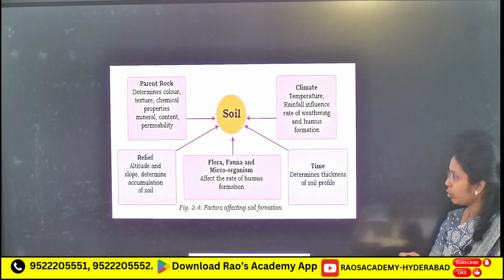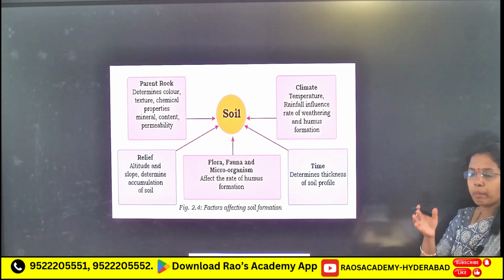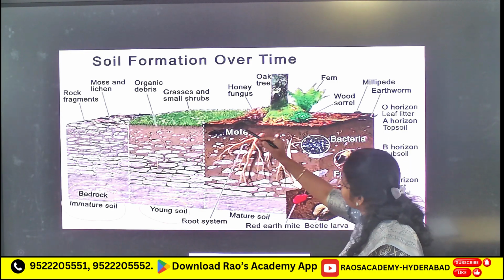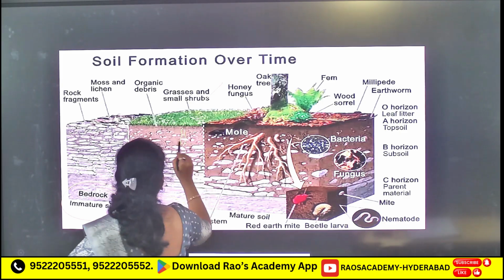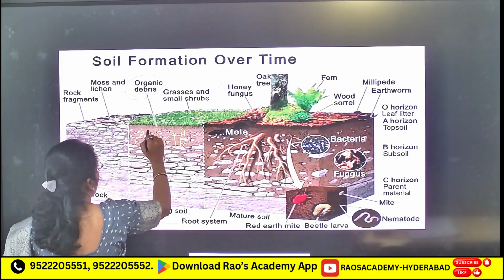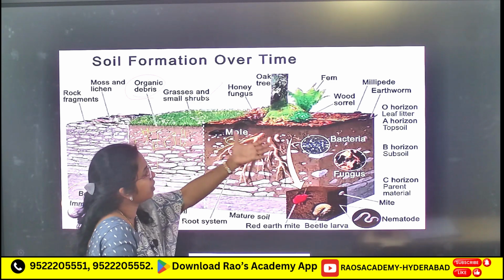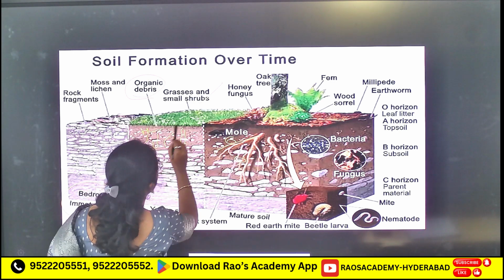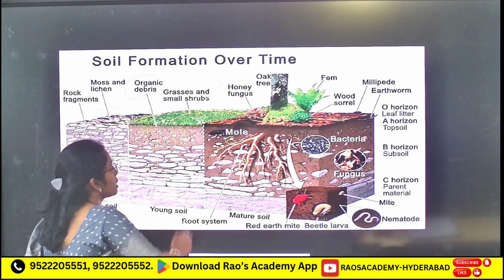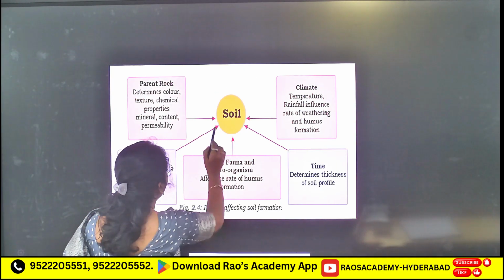After weathering and erosion and after organic involvement, biological processes, you will see breakdown of the rocks into immature soil, and again because of grasses and shrubs, roots, they break down the rocks, and with organic debris you will see humus formation, mottles, nodules, and thin soil formation. Here you will see from rock fragments, because of the organic debris, grasses and small shrubs, soil.